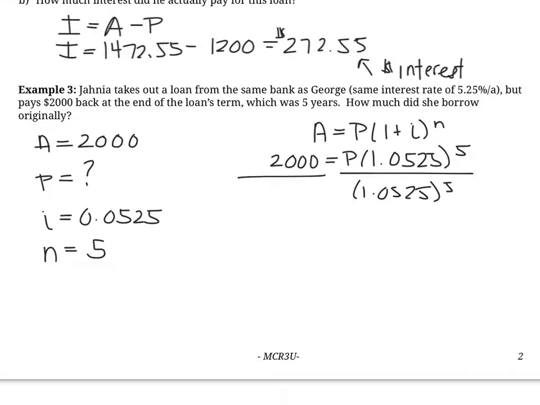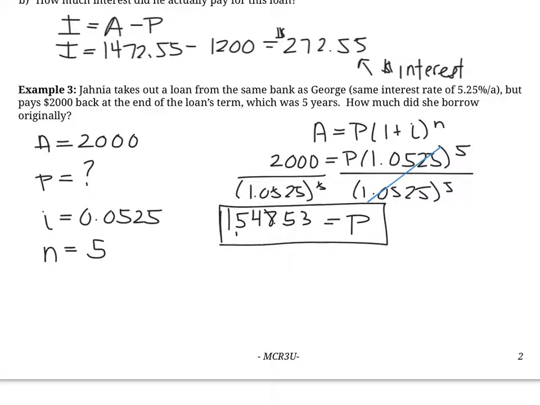Don't deal with the decimal until the very end so we get the most precise answer possible. Dealing with these tiny numbers will make a big difference if we press equals on our calculator in the middle of a problem versus at the end of a problem. That's going to cancel out, and we're going to be left with our principal value of $1,548.53. So that's what we got as our present value or our principal value.